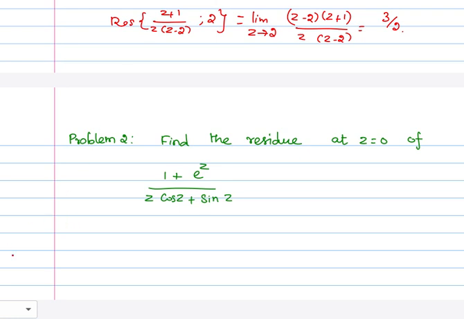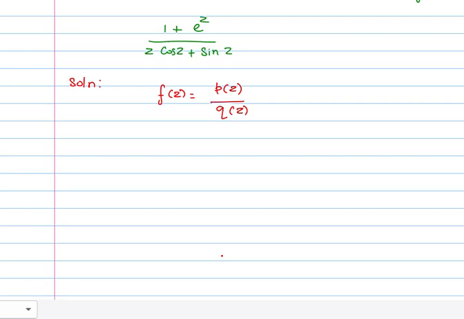So now I want to proceed. First step, I want to check whether this is a simple pole or not. How can I check the simple pole? The given function f of z, I can write as p of z divided by q of z, both analytic at the origin.